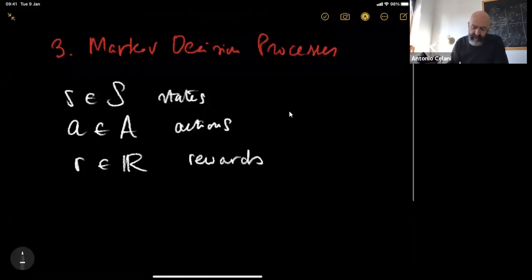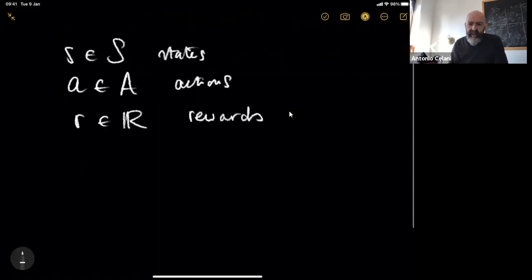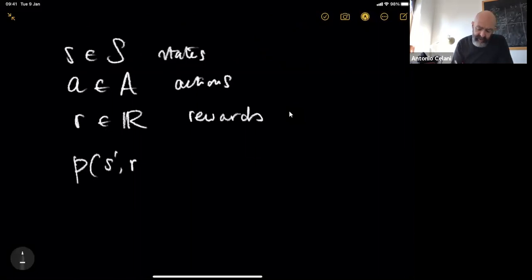And the structure is inherently Markovian in the sense that there exists a probability distribution for new states and observed rewards given the previous state and the previous action. So this is a transition probability. What does it mean that it is a transition probability?